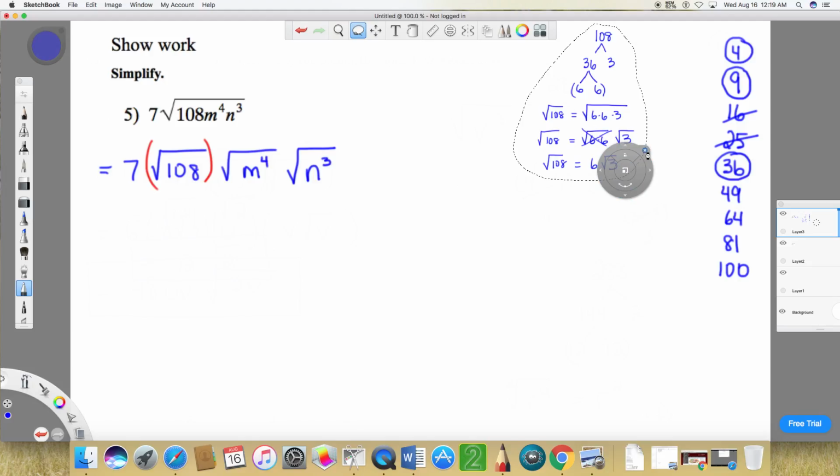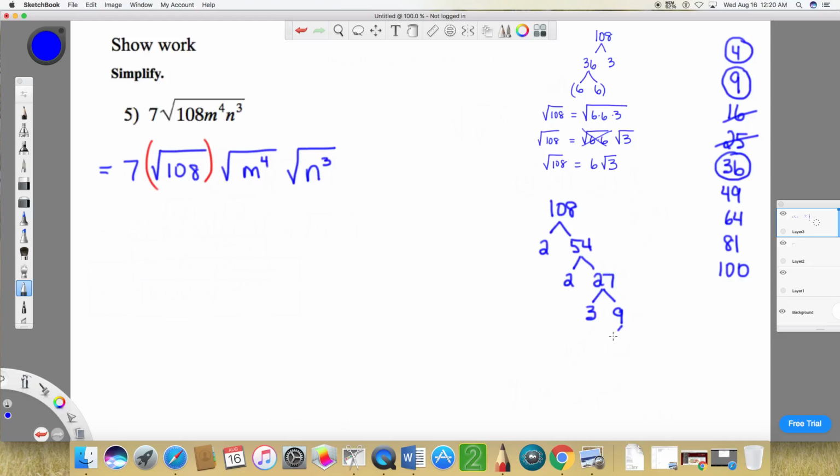Even though I'm trying to tell you that this is going to be easier and shorter, suppose you are more comfortable with saying, well, 108 divided by 2 is 54. And 54 divided by 2 is 27. And 27 is 3 times 9, and 9 is 3 times 3.